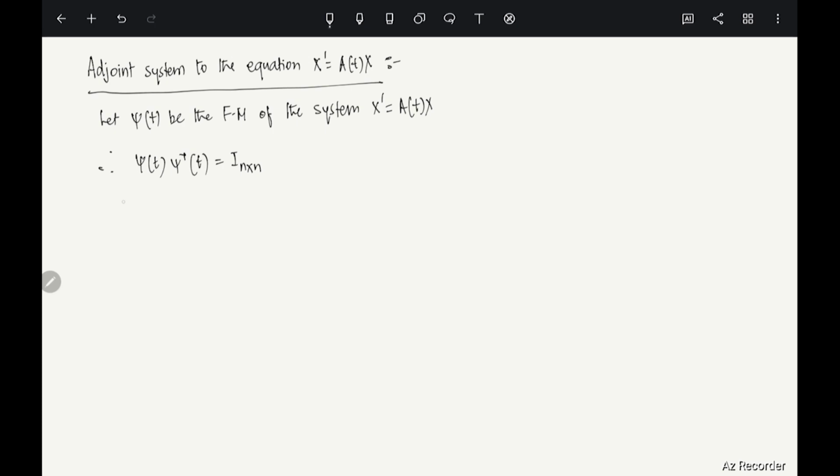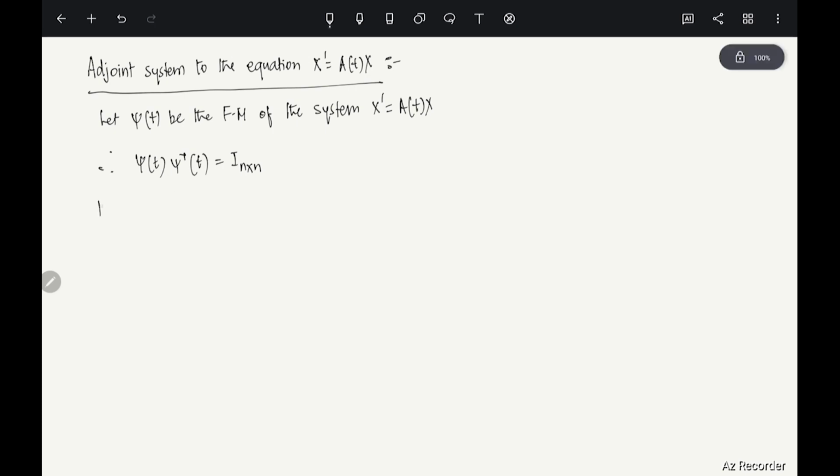Now you see what happens is, as I have already explained to you, for the fundamental matrix we can talk about differentiating matrices, right? So we can actually differentiate this particular thing.